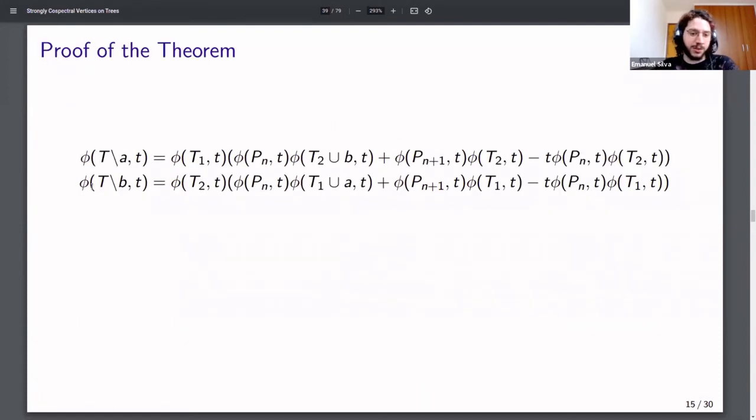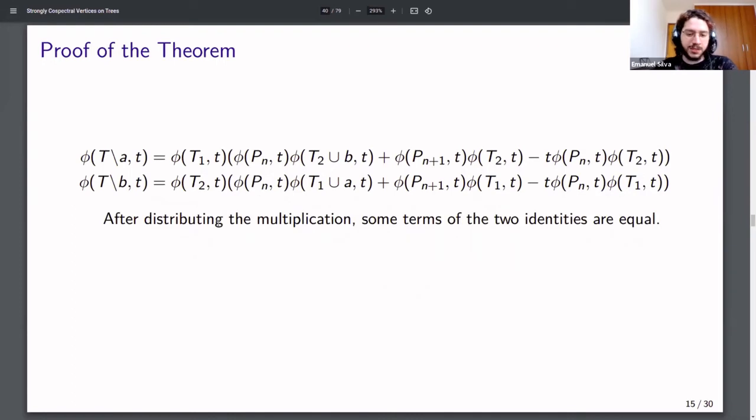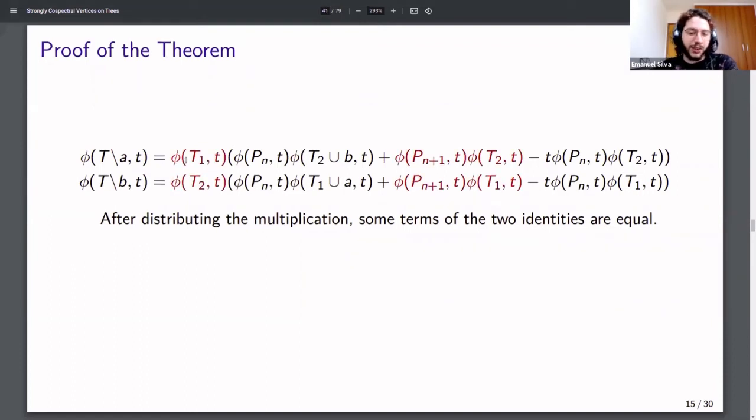I do the same thing for vertex b, for phi of T minus b, and we have this expression, and we want to verify when these two equations are going to be equal. After we distribute the terms inside the parentheses, we're going to have some identical terms. So for example, phi of T1 times phi of P_{n+1} phi of T2 is equal to phi of T2 times phi of P_{n+1} phi of T1.